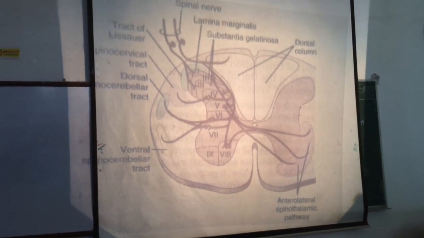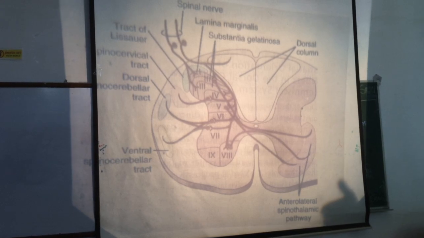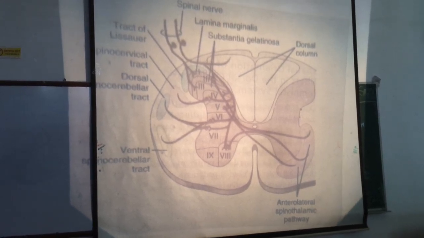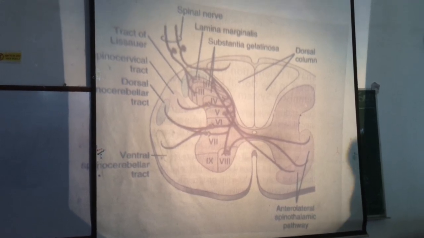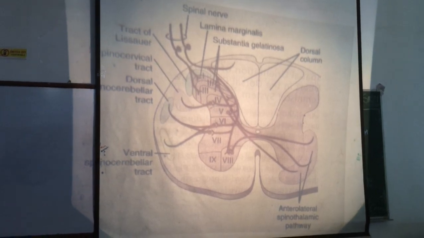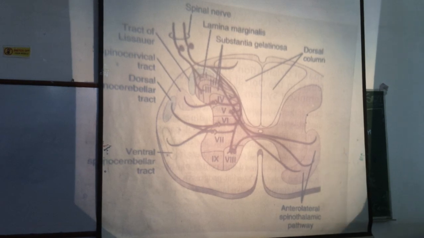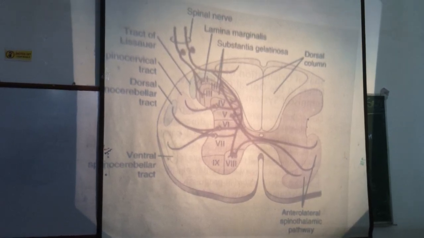Now the nerve cells present in the lateral gray column. The lateral gray column, or lateral horn, is present in the segments from T1 to L2.